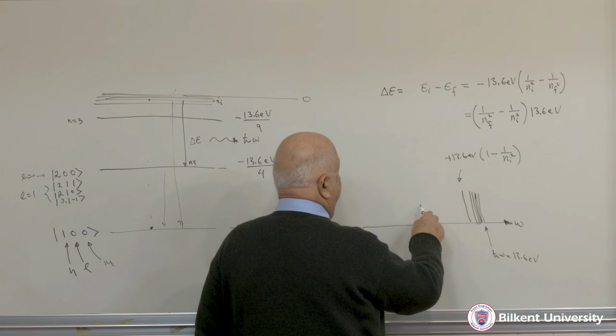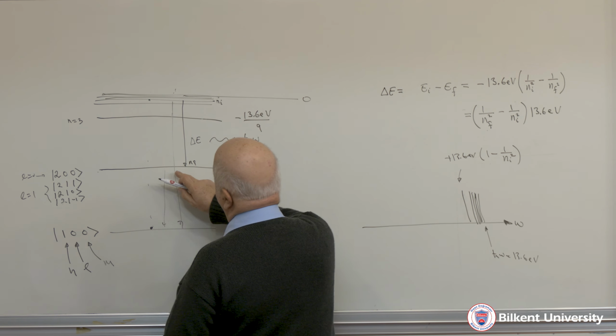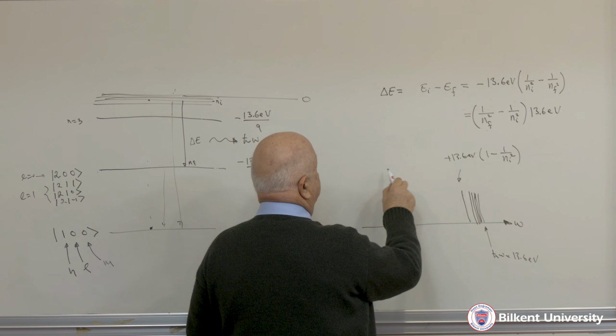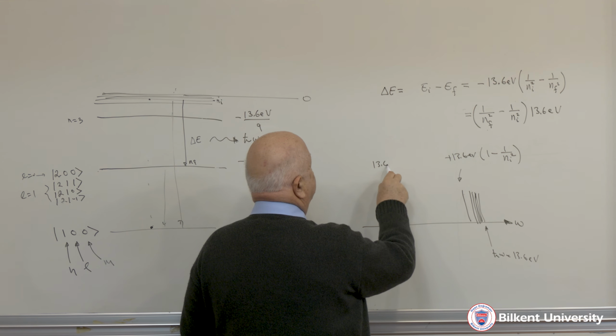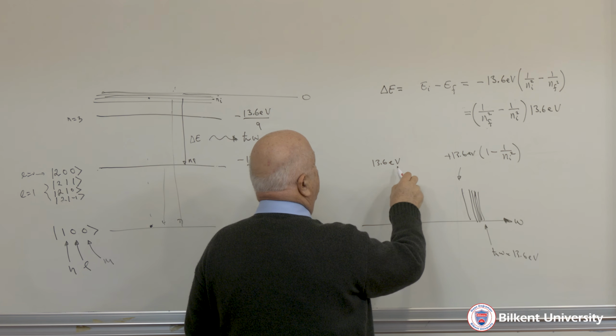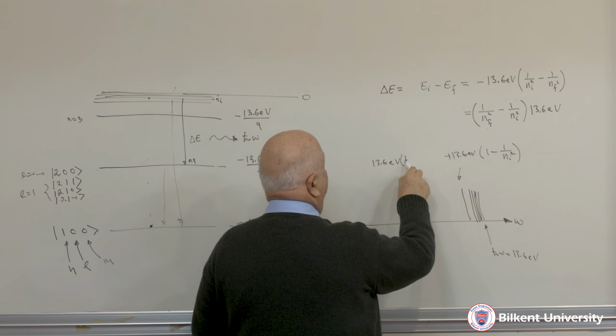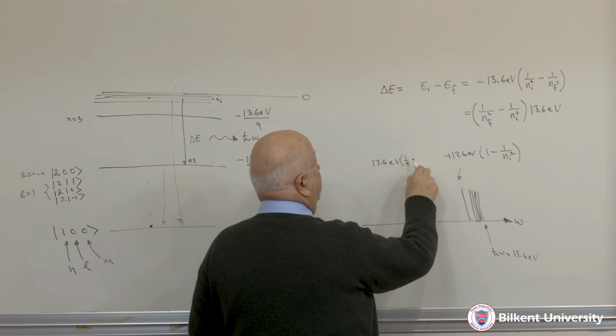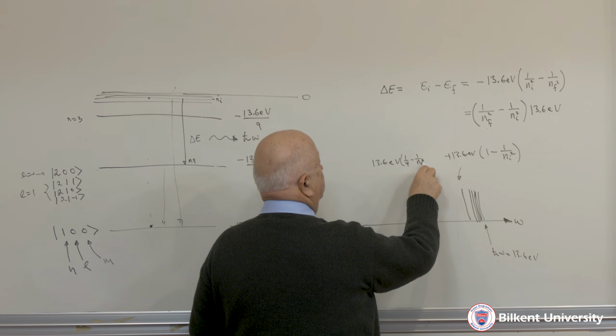Now, you can also have transitions into this second n equal to 2 state. Those are going to be 13.6 electron volts times 1 over 4, because n is equal to 2 in the final state, minus 1 over n_i squared.